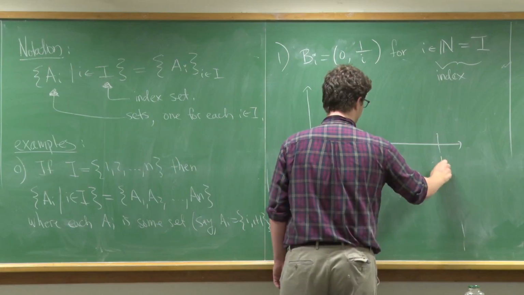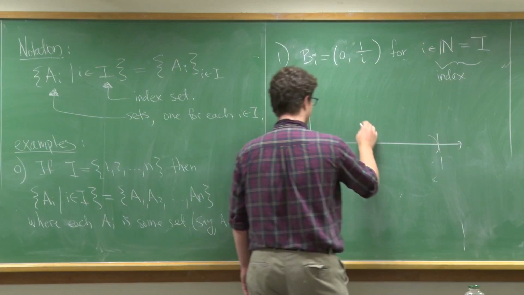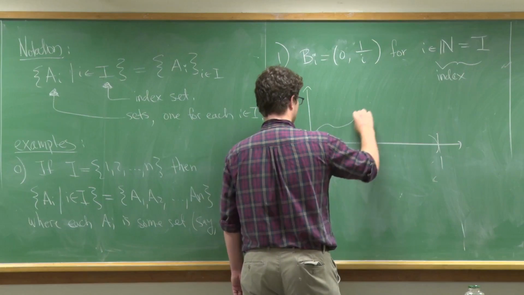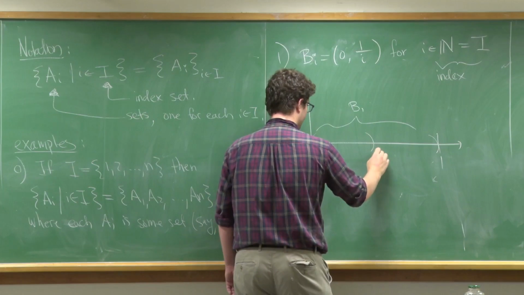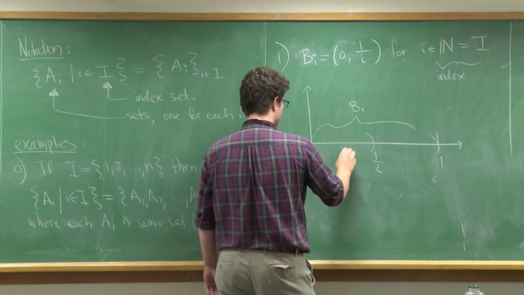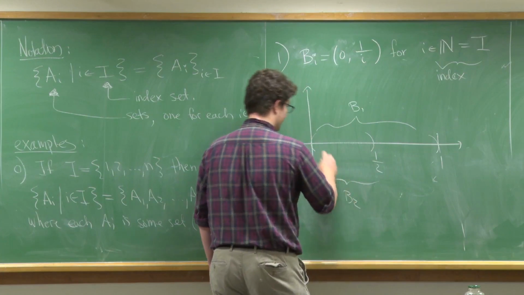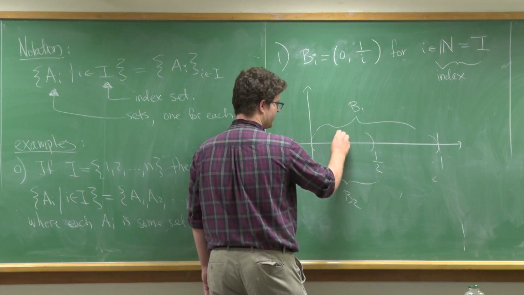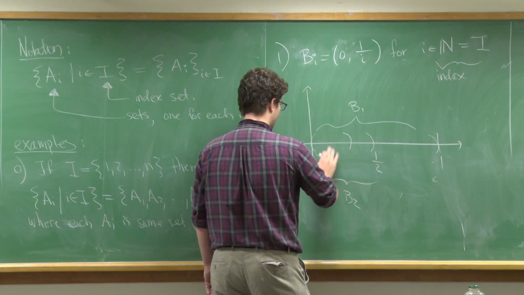Okay, so here's 1. So B_1 is this whole thing. Okay, and then if this is a half here, B_2 would be this interval. And then if we do a third, hopefully this is a third here, this is B_3 and so on.